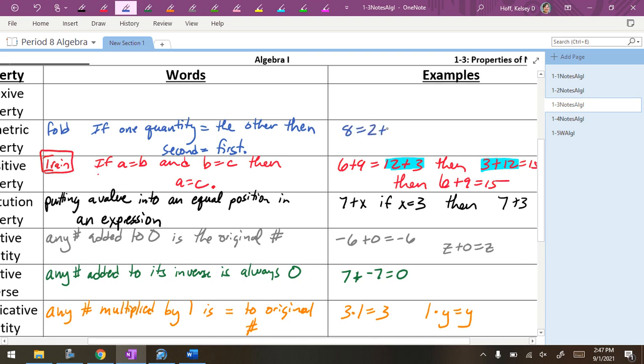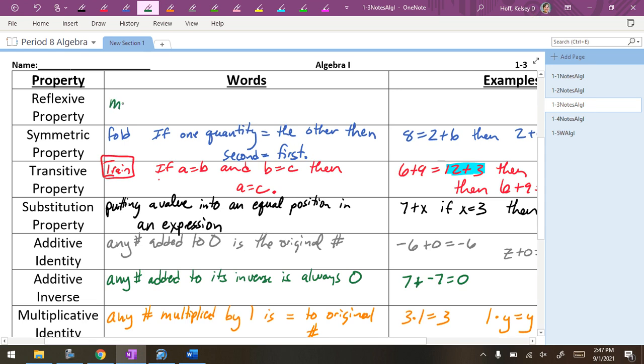Eight equals 2 plus 6. Then 2 plus 6 equals 8. I always talk about, like when we start solving equations, I always want my equal sign on the right-hand side and my variables on the left. It doesn't really matter, but I'm a little crazy, so I always like to do it that way. So I always move things around. Technically, it doesn't matter because you have that equal sign. You can flop them.